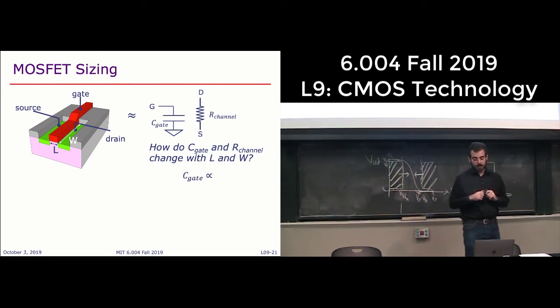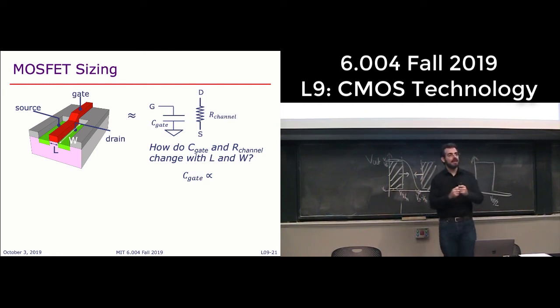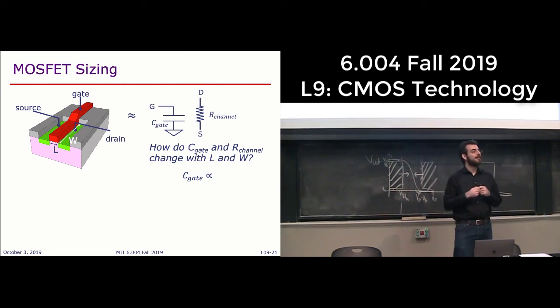So let's start with the capacitance. What is the capacitance of a parallel plate capacitor? Does it grow with the length? Does it grow with the area? Yes, it's proportional to the area between the parallel plates, so it's proportional to the product of the length and the width. How about the resistance?